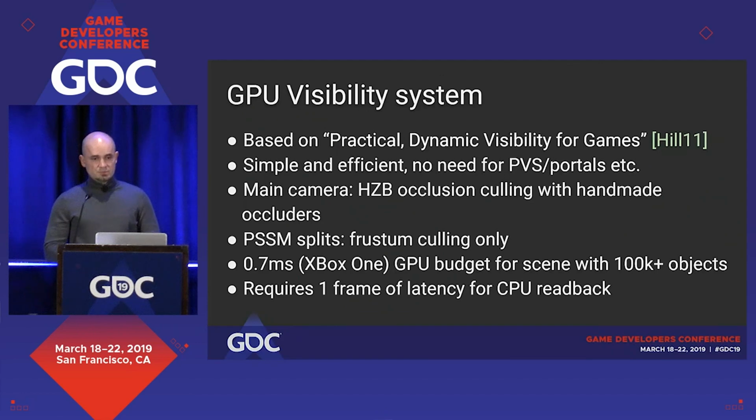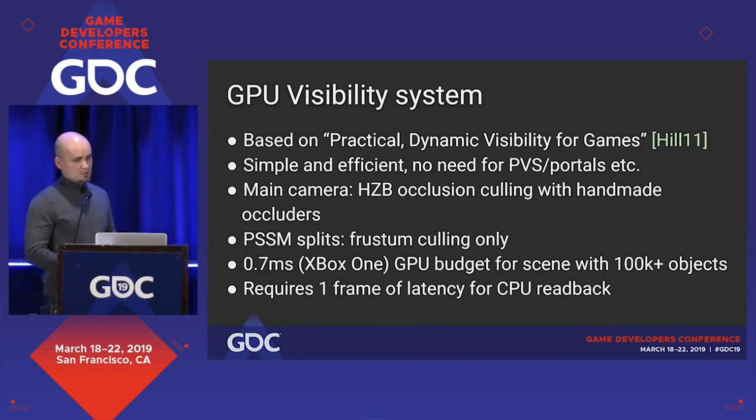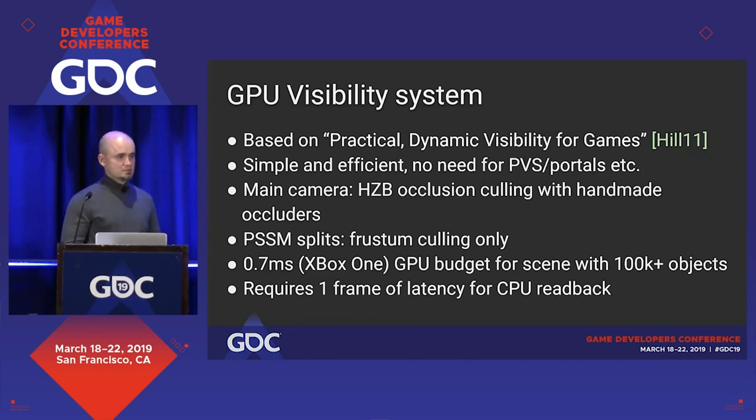Our GPU visibility system is basically taking a whole bunch of B-boxes, one B-box for each scene object, and then checks if it's visible from each of the given frustums. It uses a hierarchical depth buffer test for occlusion culling for the main camera, and shadow map cameras go through a simplified test.